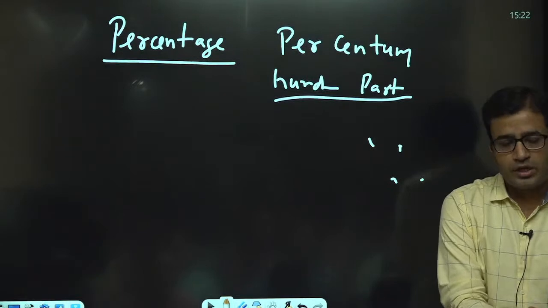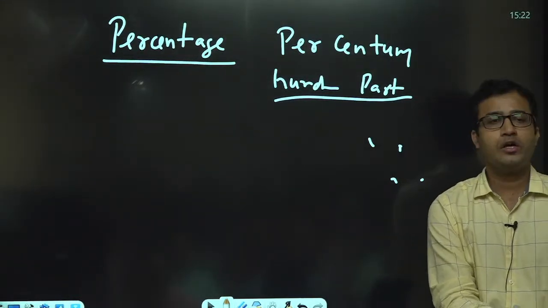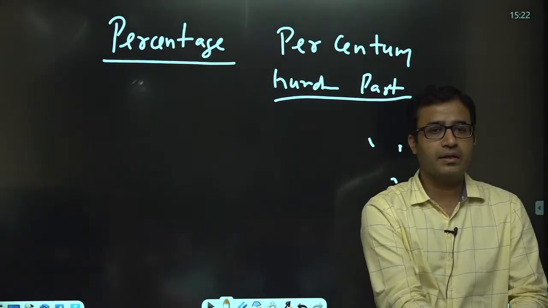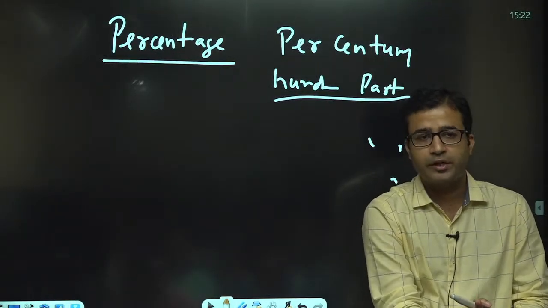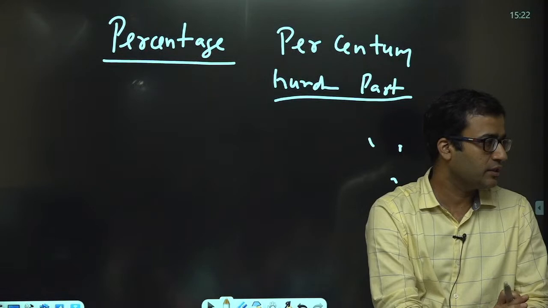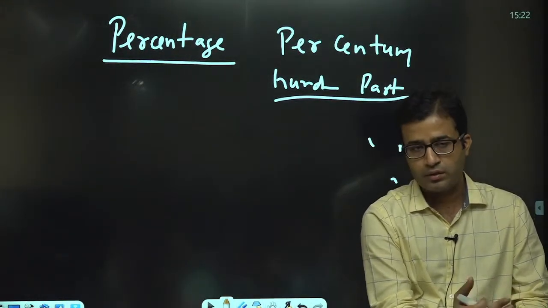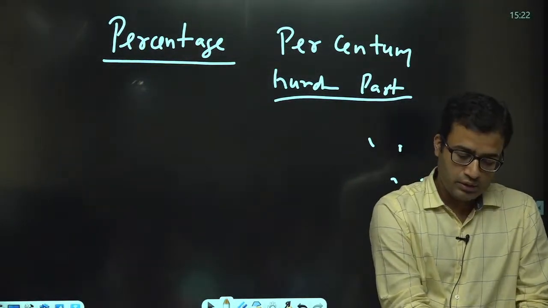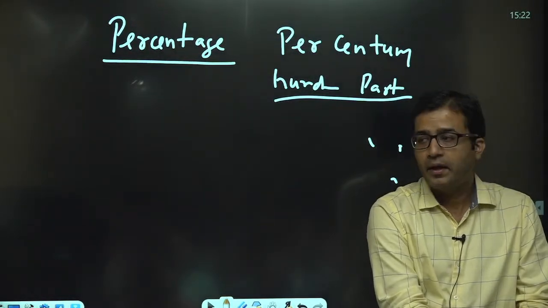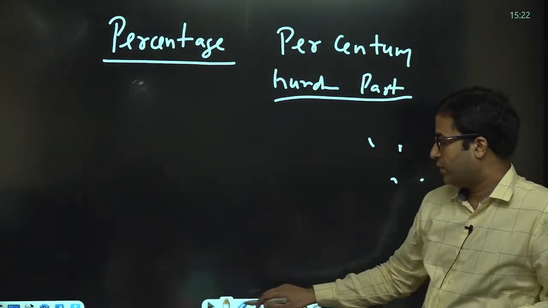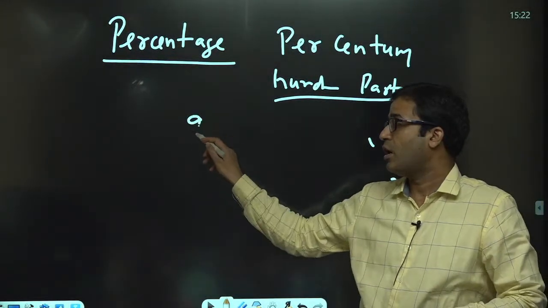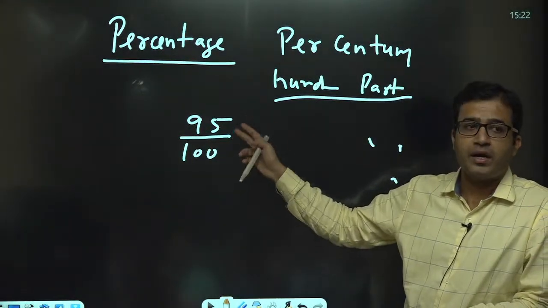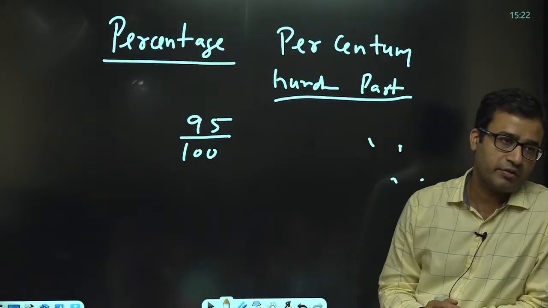I tell you, it is easy to understand percentage because for all of us in school days, I think the teacher has given marks in percentage. Nowadays the grade system is coming up, but somewhere or the other you got marks in percentage. It is not that the grade system is totally for you. Now the generation younger than you, they are getting grades, so they will have to be told A, B, C, D. But you can understand, like if any one of you scored 95% marks, how the teacher has given 95 marks out of 100. So 95 part out of 100 part will be that percent, 95%.